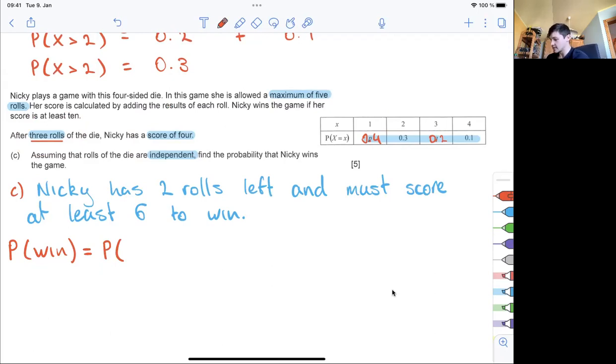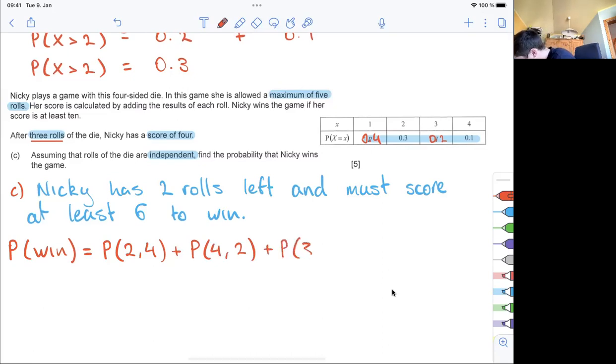She could roll a 2 on the first roll, and then a 4 on the second roll. She could do that in reverse order as well. So a probability of a 4 and then a 2. Then the probability of getting a 3 and a 3.